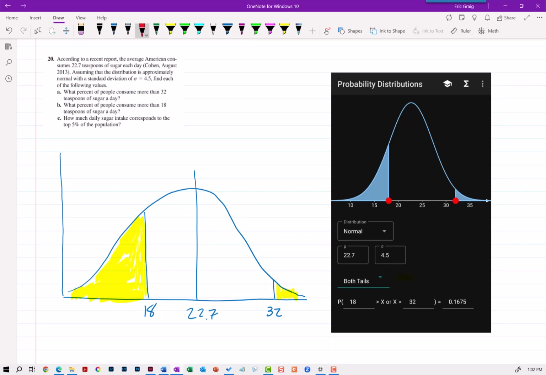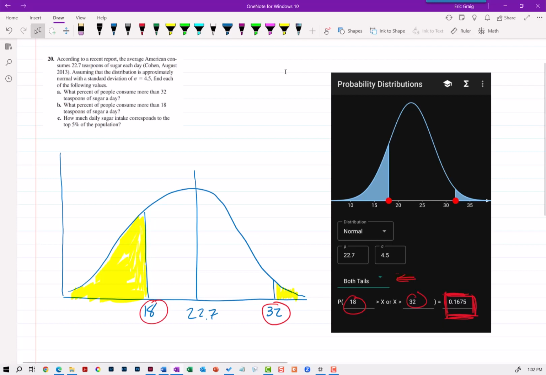We've asked it for both tails, and we've entered 18, 18, 32, 32, and this is the percentage of people who are either consuming less than 18 teaspoons of sugar per day, or more than 32 teaspoons of sugar per day.